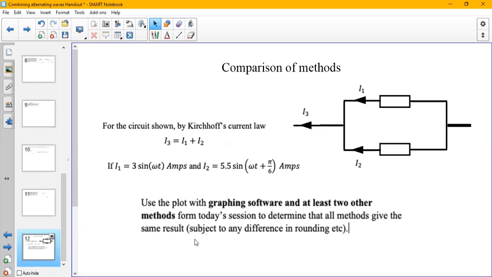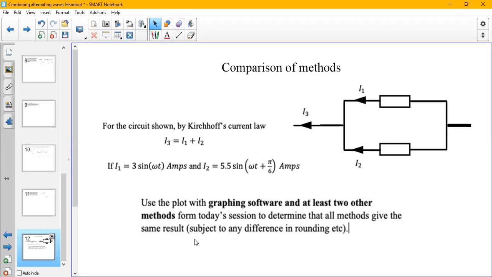So I've given you an engineering problem, two currents feeding into a third current using Kirchhoff's law. Those two, I1 and I2, should add up to I3. I1 is 3 sine omega t amps, and I2 is 5.5 sine omega t plus pi over 6.